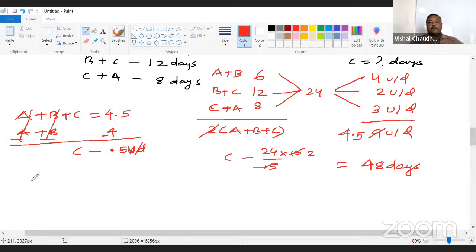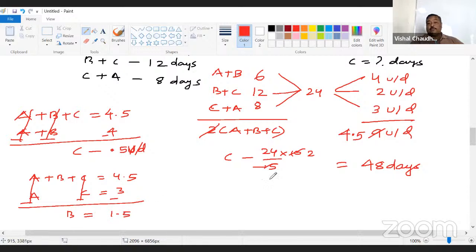Let's go for B. So A plus B plus C, again it is doing 4.5 units. B can be found out by subtracting A plus C. So C plus A is doing how many units? 3 units. So if I subtract, A and C got cancelled. B will do how many units? 1.5 units every day.